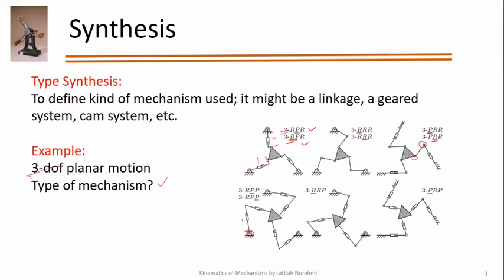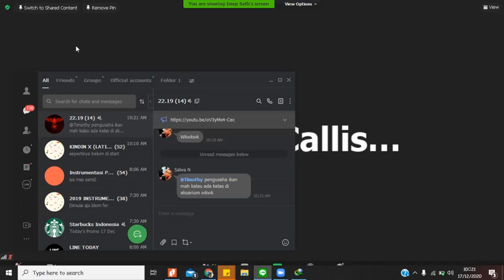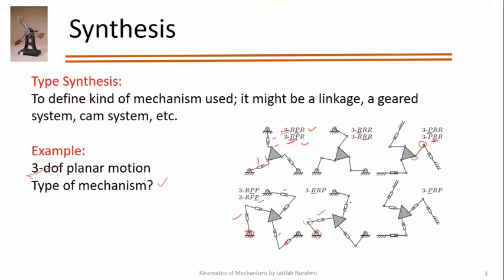Then prismatic you can have. Similarly, you can have revolute and prismatic, and last prismatic and revolute. So all of these are giving you 3 degrees of freedom planar motion.